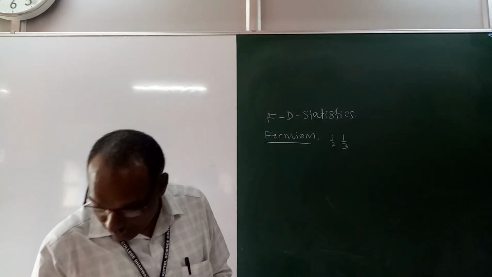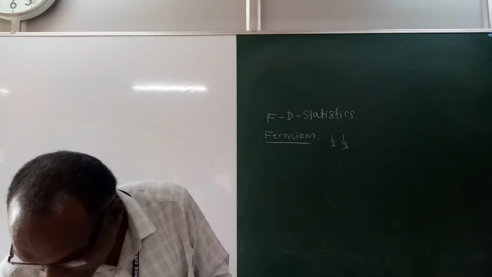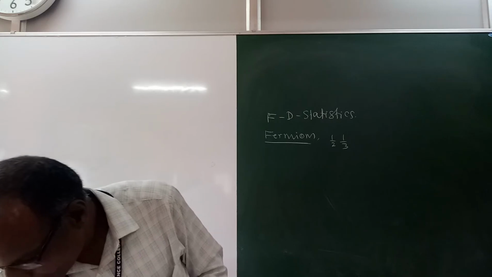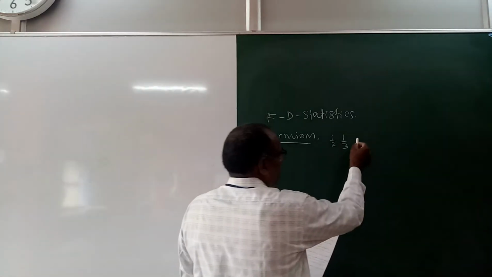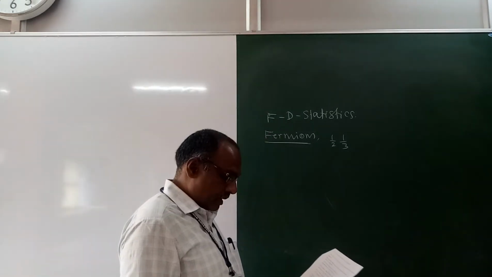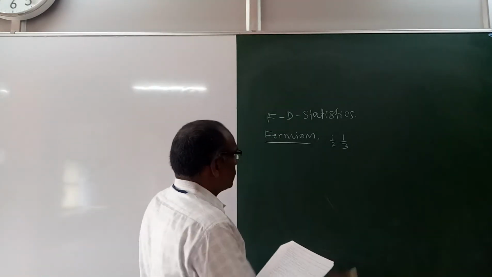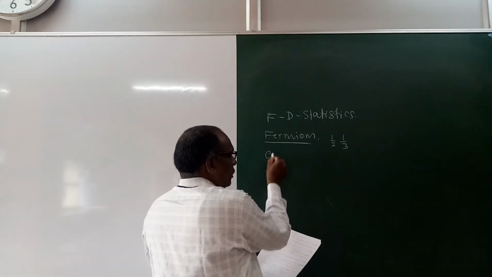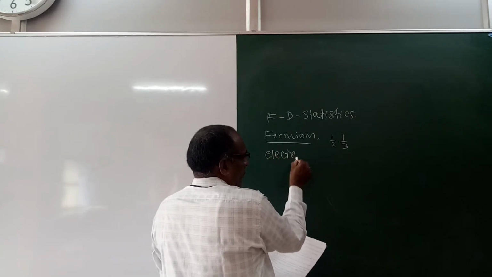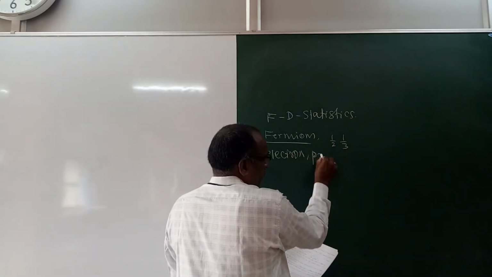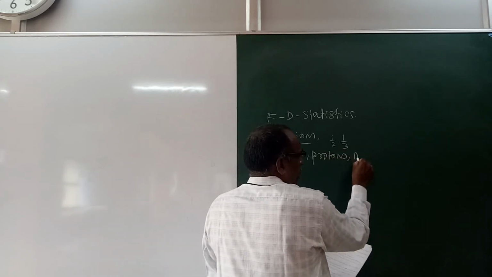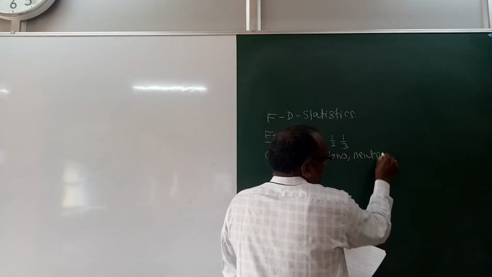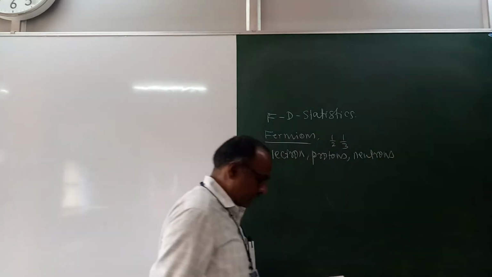They are having half-integral spin, that is 1 by 2, 1 by 3 and so on. Electrons, protons, neutrons are these particles.